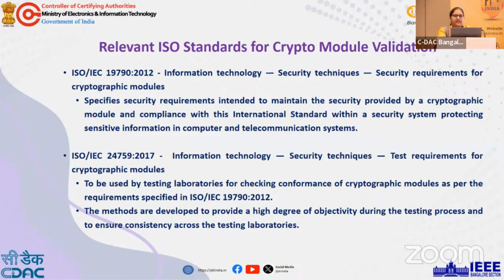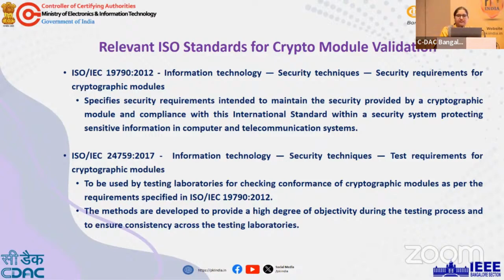The relevant ISO standards for crypto module validation are ISO/IEC 19790, which talks about the security requirements for cryptographic modules, and ISO/IEC 24759, which talks about the test requirements for cryptographic modules.